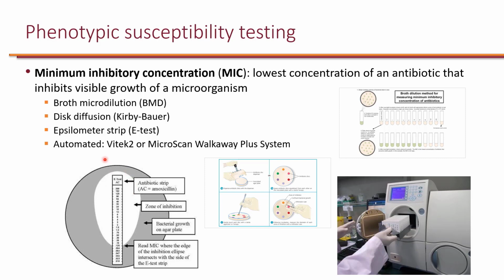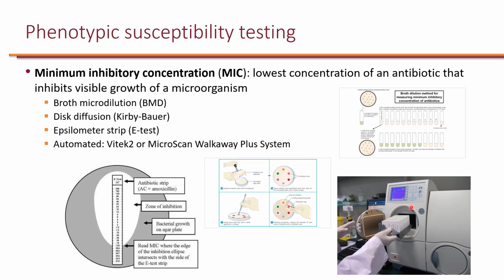And another way that's more commonly used is the automated machine. There are certain machines that are automated, essentially. You can see one example in this picture where you load the machine with your sample. You can test a lot of samples simultaneously. There are cartridges that you put in, and you just run the machine, and it may take some time to run.